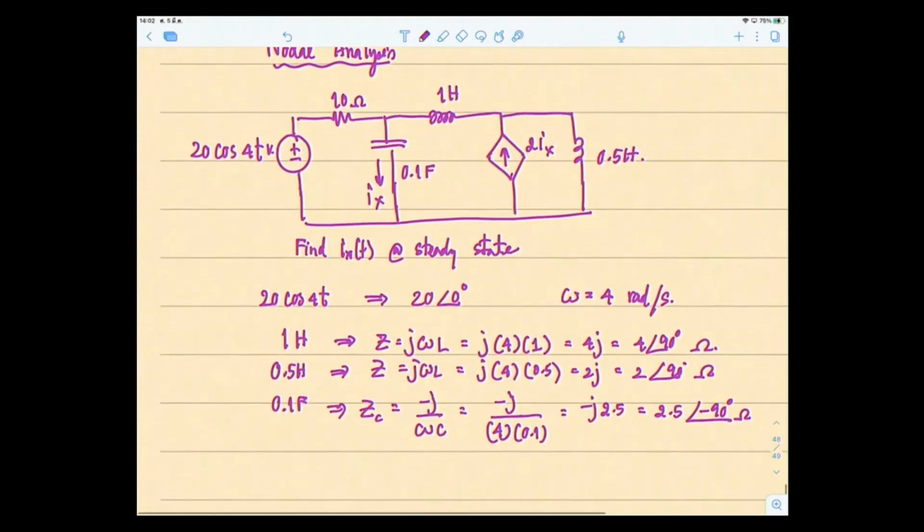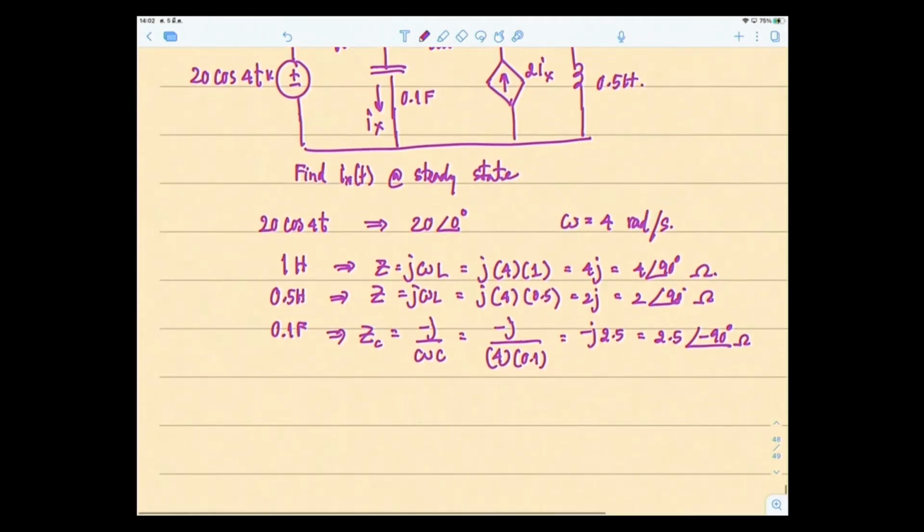So I'm going to redraw this in the frequency domain. This becomes 20 angle 0 degrees volt. This stays 10 ohms. This becomes minus J 2.5 ohms.